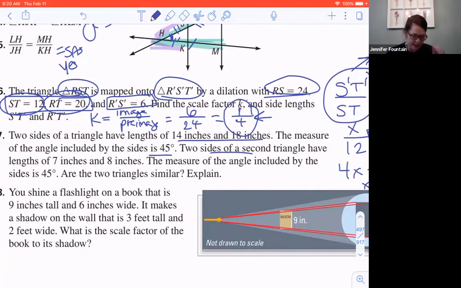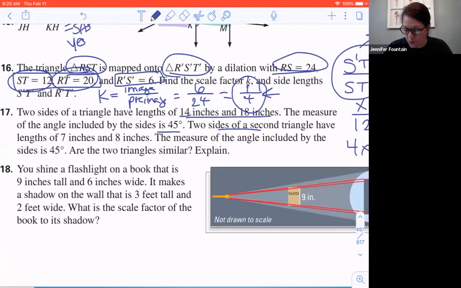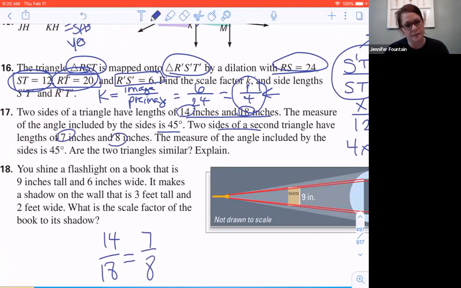So that's what they're asking us to do, is to look at side angle side and see if these are going to be similar. So basically what I'm going to do is I'm going to say, okay, well, if my 2 sides are 14 over 18, then that's going to have to be equal to 7 over 8. Okay?